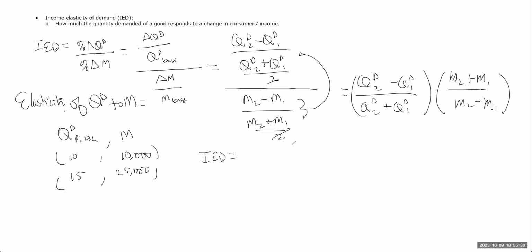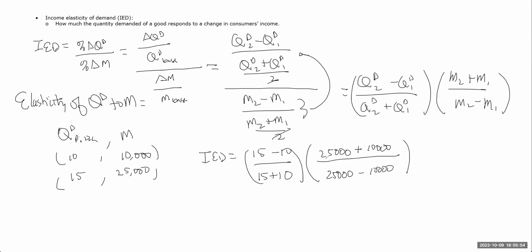IED would equal 15 minus 10 over 15 plus 10, times, I use Q2 so, 25,000 plus 10,000 over 25,000 minus 10,000. So this would be 5 over 25 times 35,000 over 15,000. And this we could reduce down.